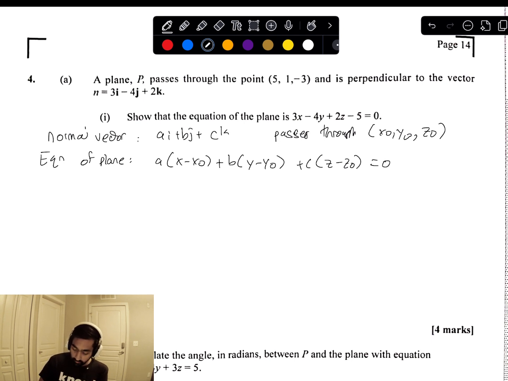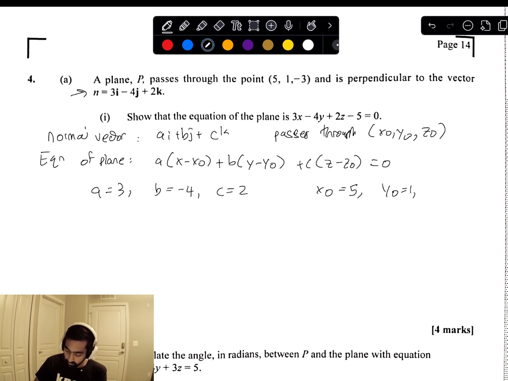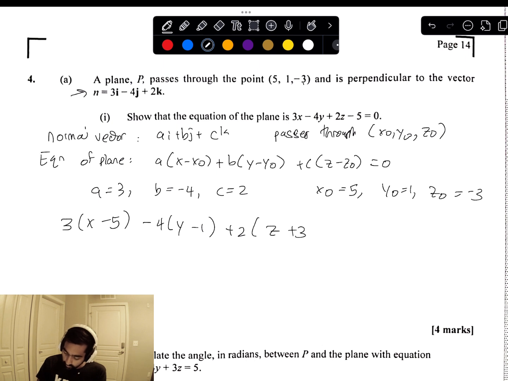So for our question here, a is equal to 3, b is equal to -4, and c is equal to 2. That's the normal vector. And then x0 is equal to 5, y0 is equal to 1, and z0 is equal to -3. That's the point it's passing through. So if I put all these into my equation, it becomes 3(x - 5) - 4(y - 1) + 2(z + 3) = 0.